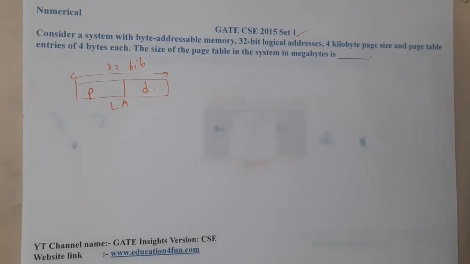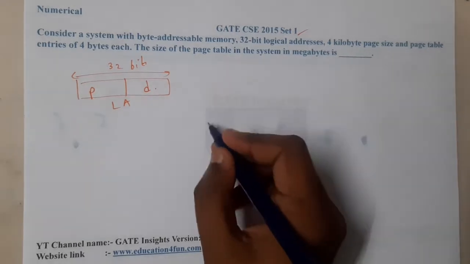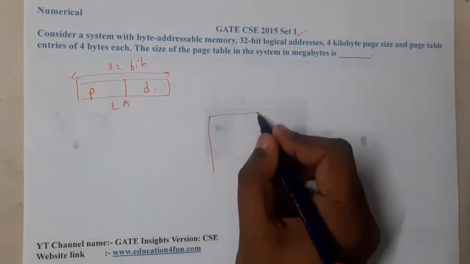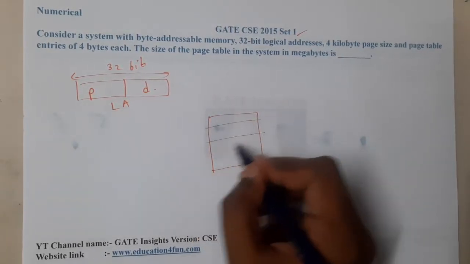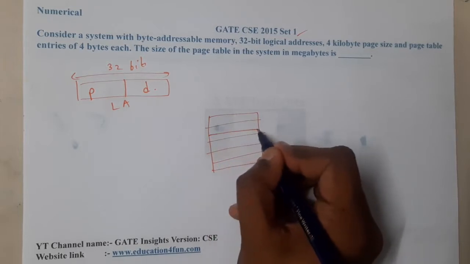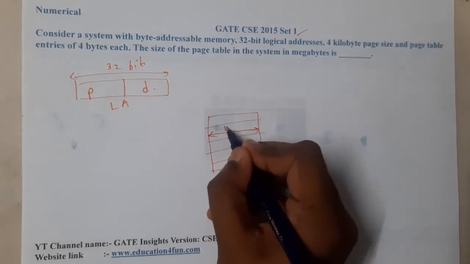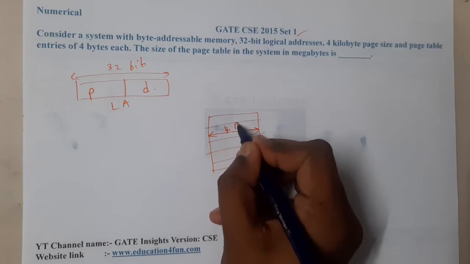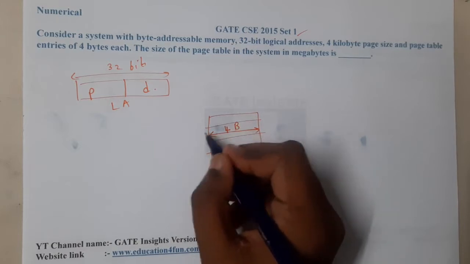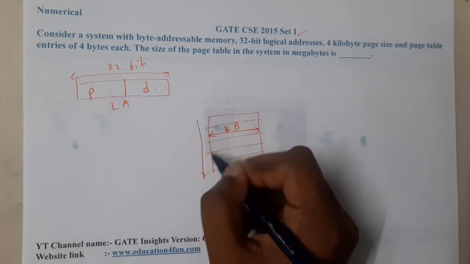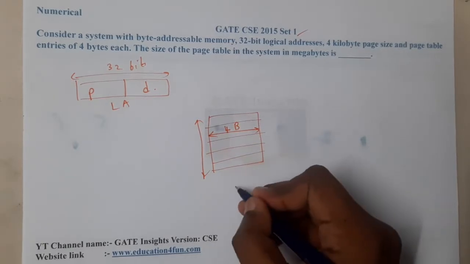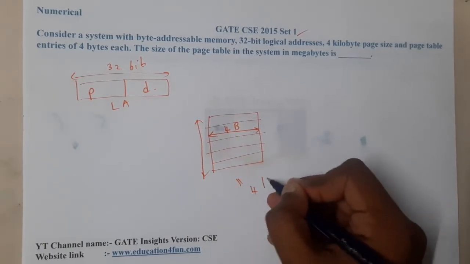So each page table entry is 4 bytes, and they are saying the total size of the page table is 4 KB. So the whole page table size is 4 kilobytes.